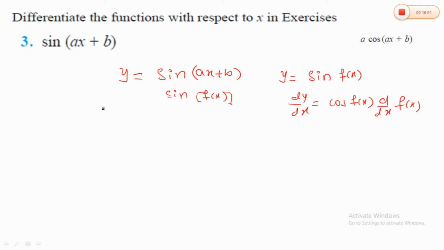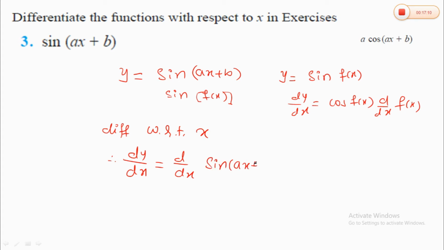Differentiate with respect to x. dy/dx is equal to d/dx of sine of ax plus b. So the derivative of sine is cos of f(x), where f(x) is ax plus b, then d/dx of f(x), which is ax plus b.